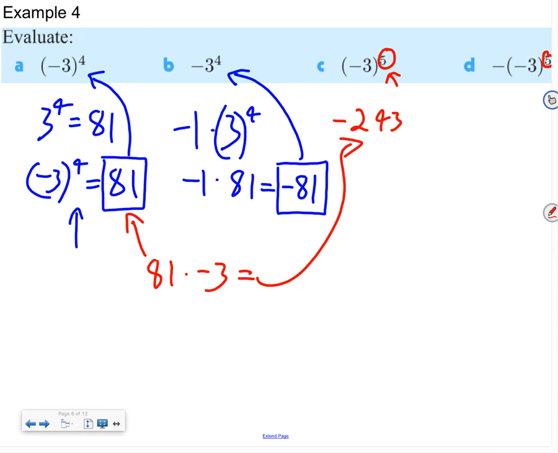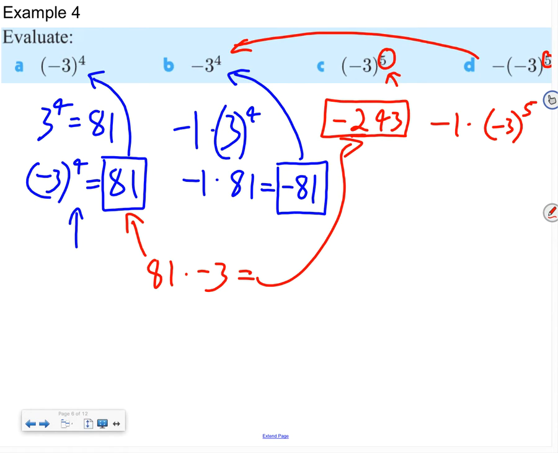So in D, again, if the negative is on the outside of the parentheses, similar to B, we have negative 1 times negative 3 to the fifth. From our previous example, negative 3 to the fifth was negative 243. So if I multiply negative 1 by negative 243, that becomes positive 243.